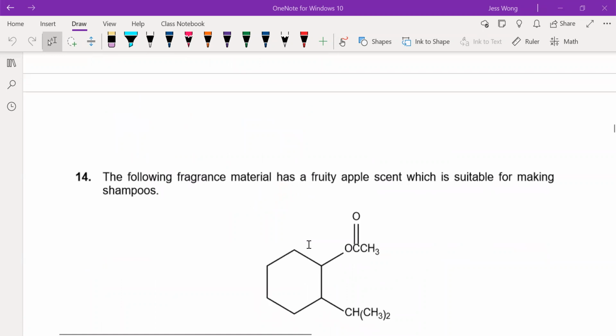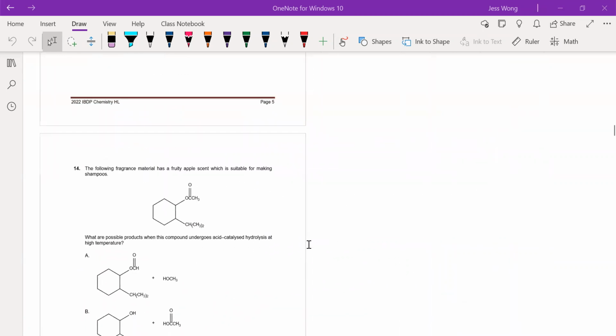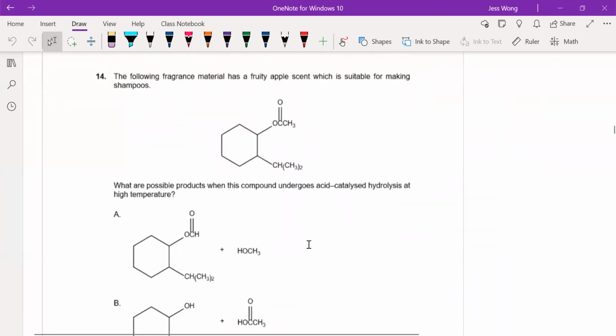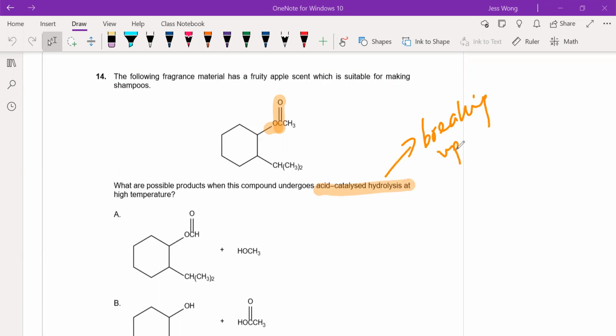The following fragrance material has a fruity scent. What are the possible products when this undergoes acid catalyzed hydrolysis? So first thing, look at this. We can see ester again. Hydrolysis is breaking up the ester using water. So if you break up the ester, basically we have something that looks like this.